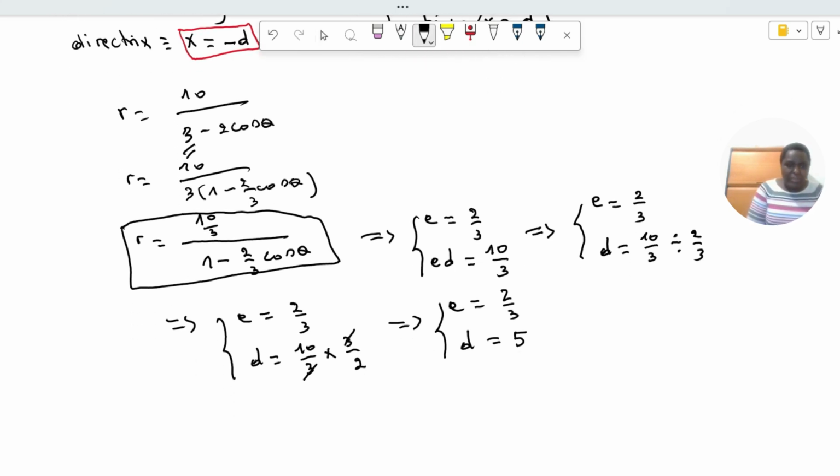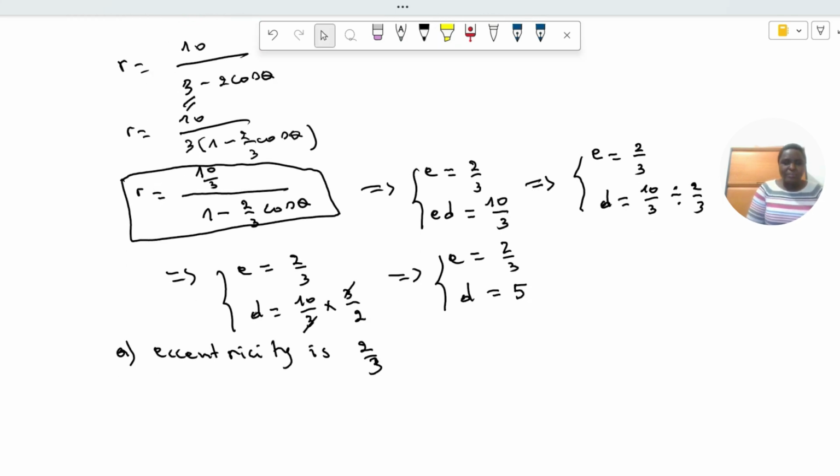So in A, we are asked to calculate the eccentricity. So A, eccentricity is 2 over 3. And in B, we are asked to write down the equation of the directrix.